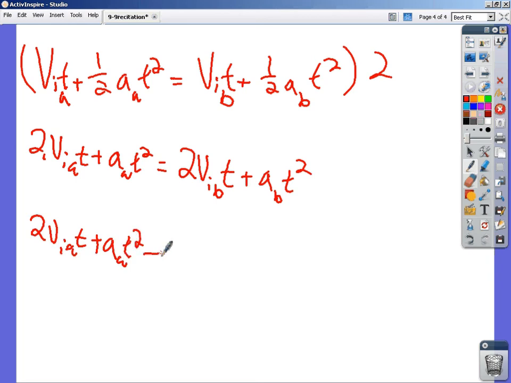Now I see that every term has a t in it, so I'm going to factor out a t. It looks like this: t times, 2 v initial A plus a A t, minus 2 v initial B minus a B t, equals 0.